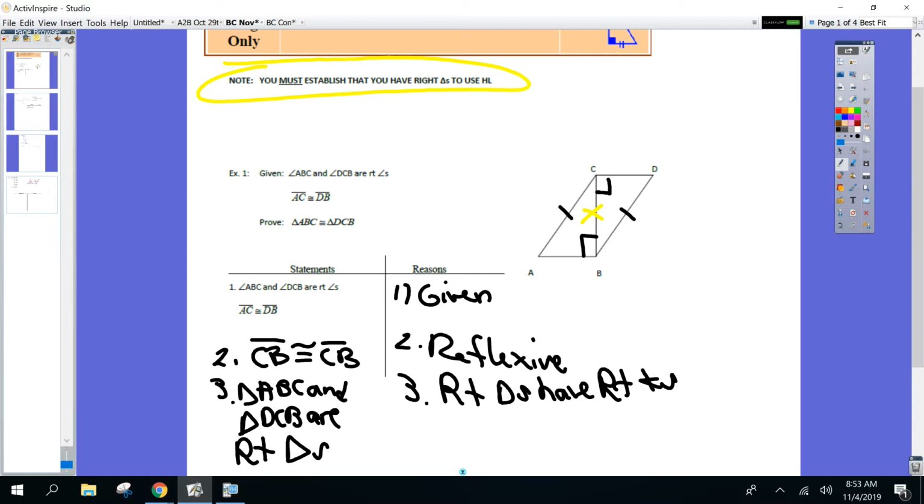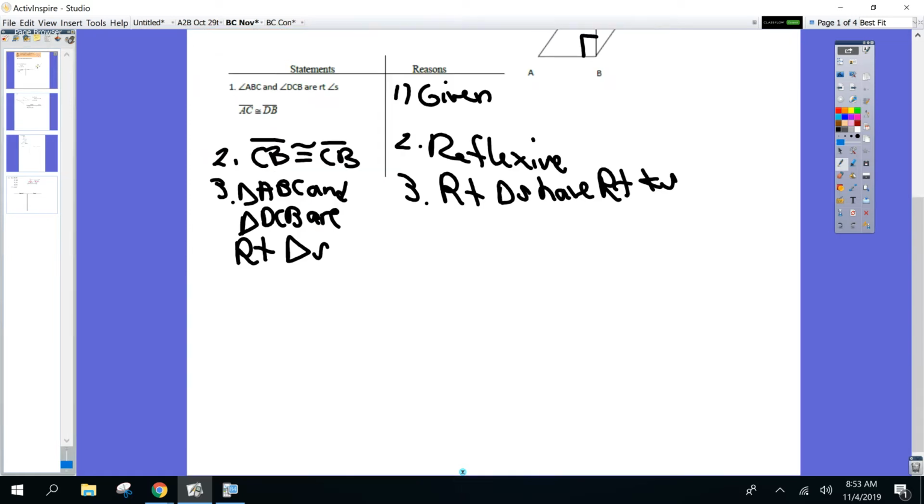You need right angles. Don't need them congruent, but you need them. And then you need to tell me you have right triangles. All right, everything's good now. Now we can say they're congruent by HL. So triangle ABC is congruent to triangle DCB, HL.